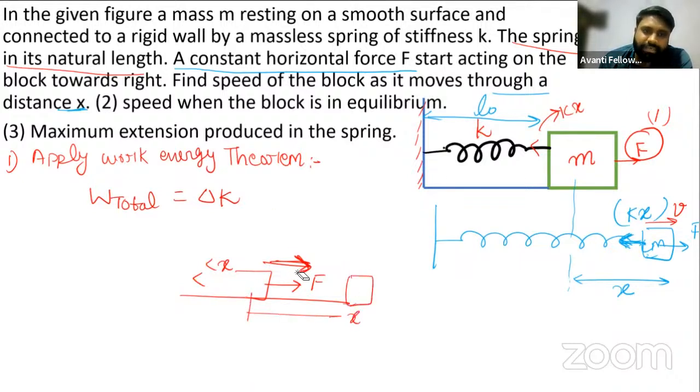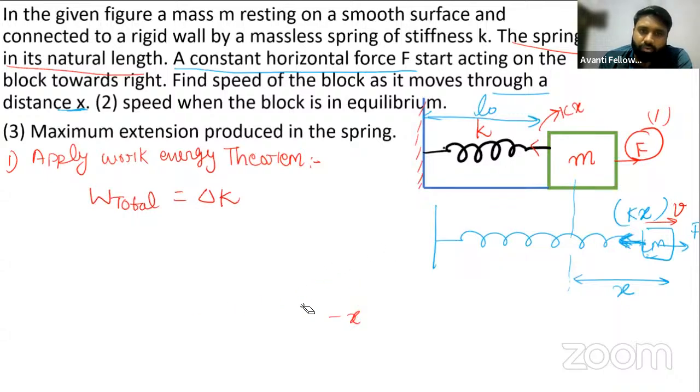Now you can easily say that the work done by this constant force F is simple, because the force is not changing. But you cannot say that this kx is a constant force. No, because it depends on the extension. Okay. So as much as the spring is extended, the spring force changes its value. So this spring force is a variable force.